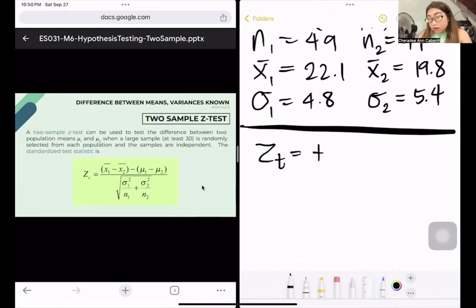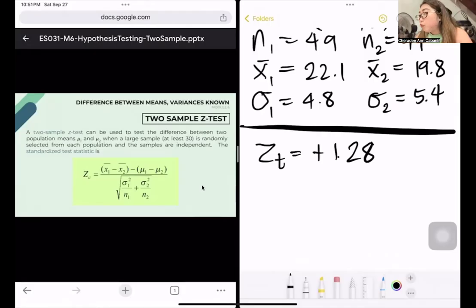Since this is 90%, the one-tailed value for 90% is 1.28, right? Let me recall. Yeah, 1.28.